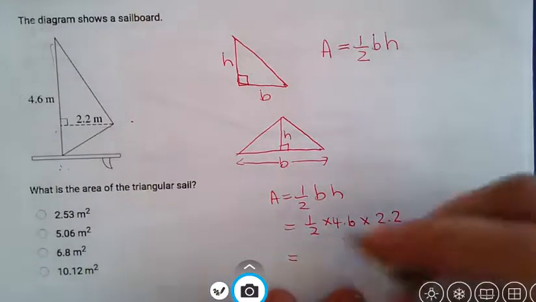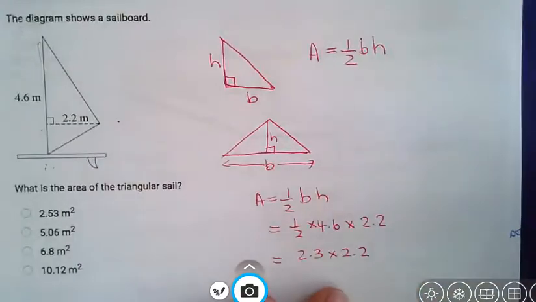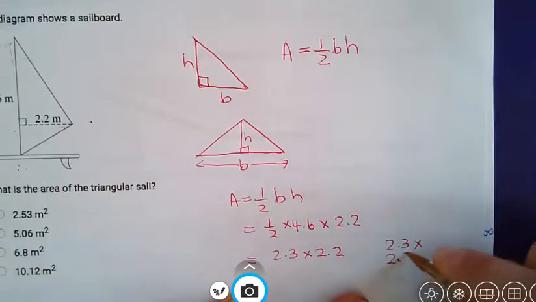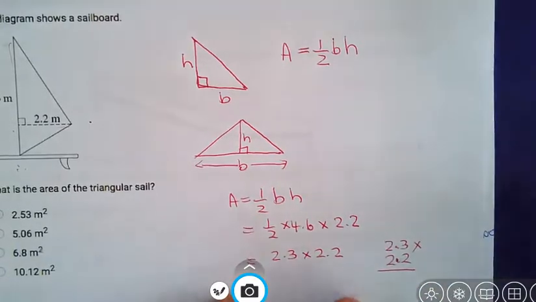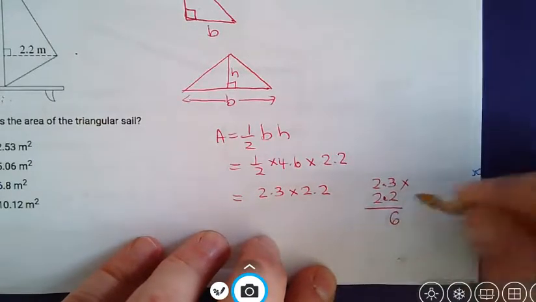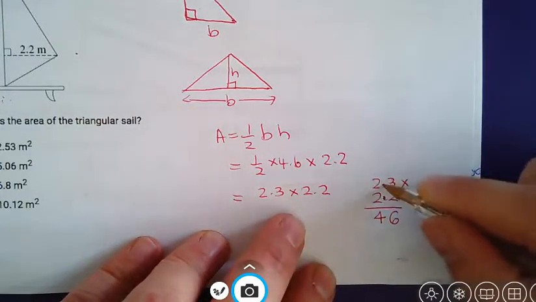23. So that would be 2.3 times 2.2. Now, look, you're going to have to work it out. 2.3 times 2.2. Do you remember how to do this? 3 times 2 is 6. 2 times 2 is 4. Don't worry about any points yet.